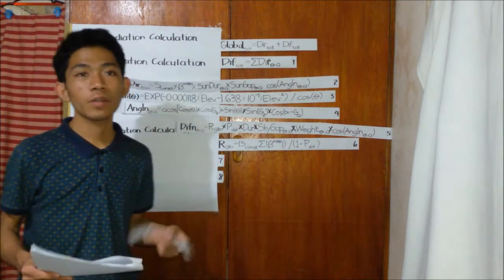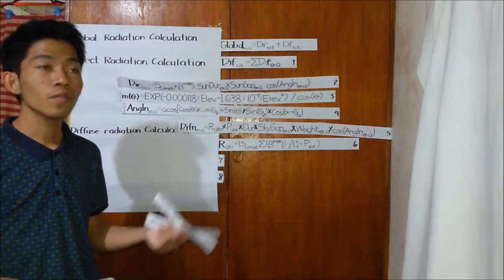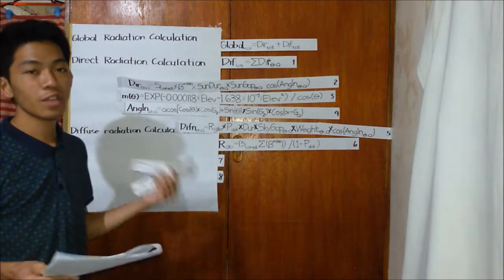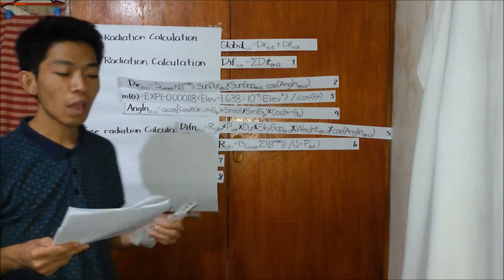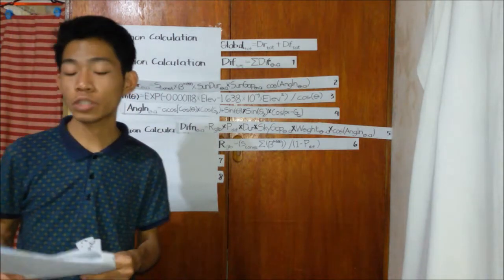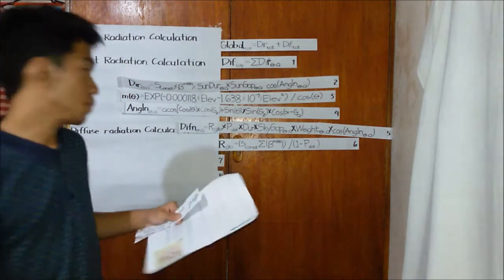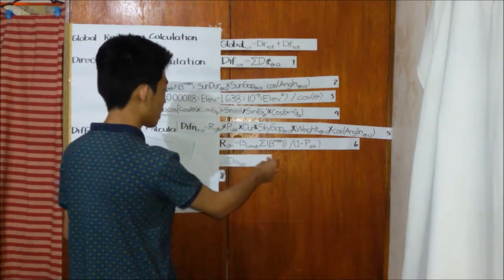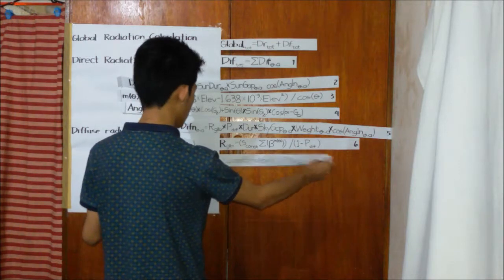And the third equation for the diffuse radiation calculation is for the uniform sky diffuse model, where weight theta A is calculated as follows.